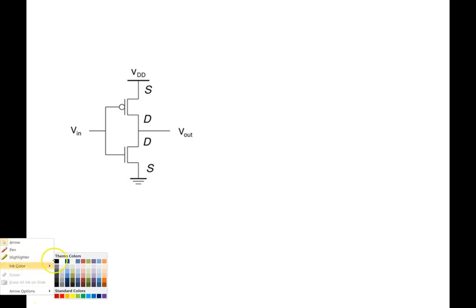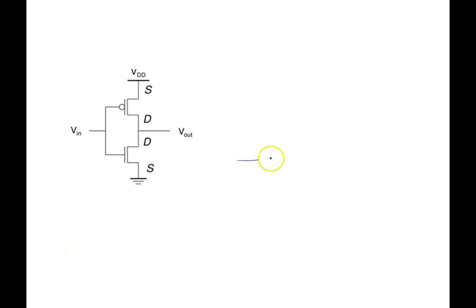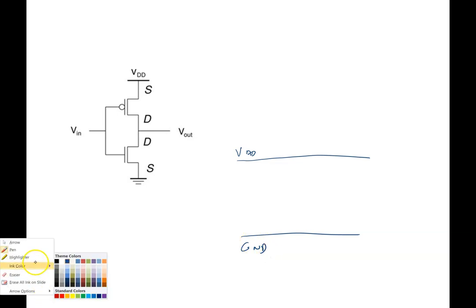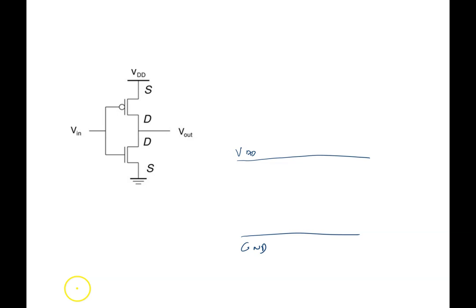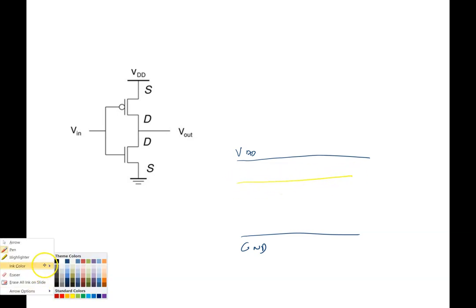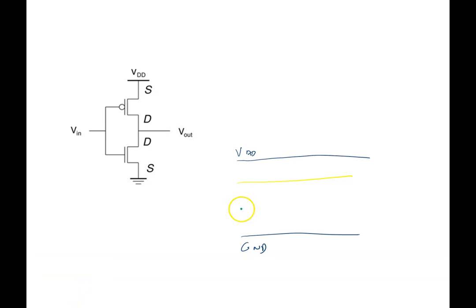So we start with a blue line and label it as VDD and ground. And then we need to draw the diffusion. This is the P plus diffusion. And then we have the green one for the NMOS diffusion.